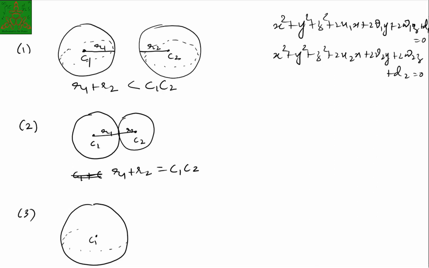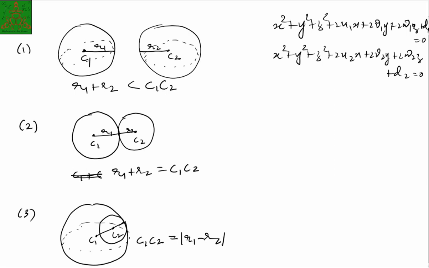And there is another sphere which lies inside the first sphere, but it touches the first sphere. So this is the another sphere which is inside the first sphere. So what is the situation here? Here C1C2 is equal to modulus of R1 minus R2.